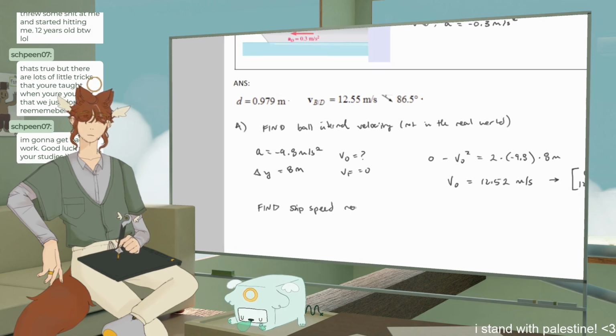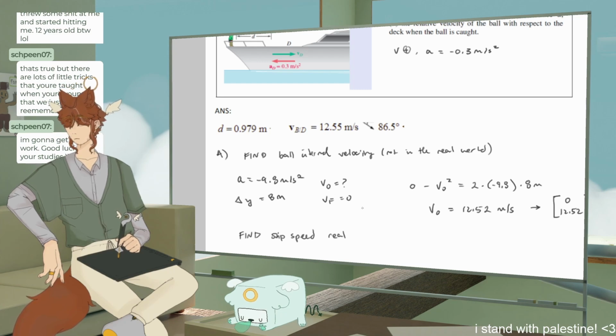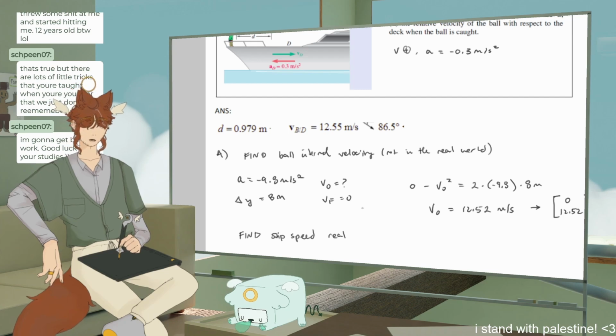We'll have to get the distance D, and then we can do that with the ship to find out how much our V is with the ship, and then back that out.